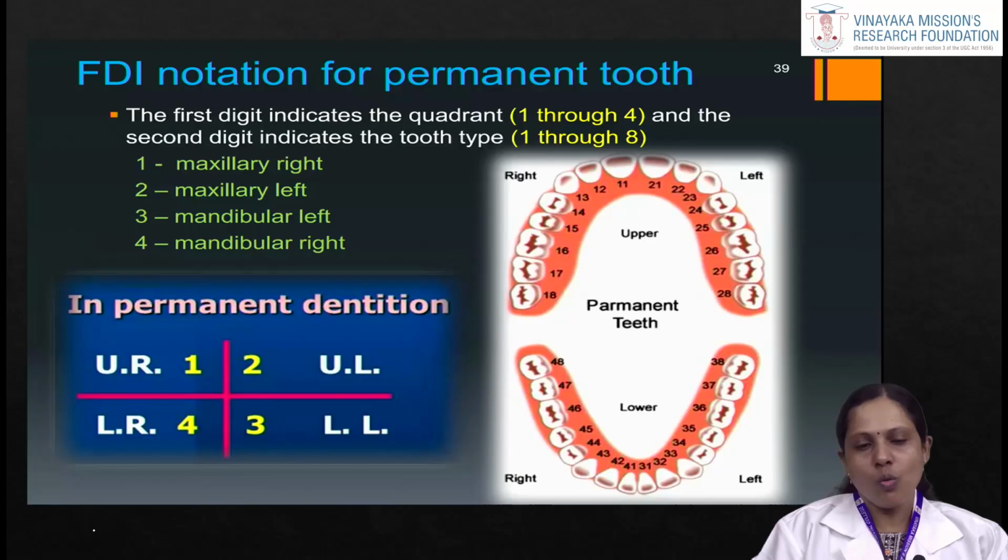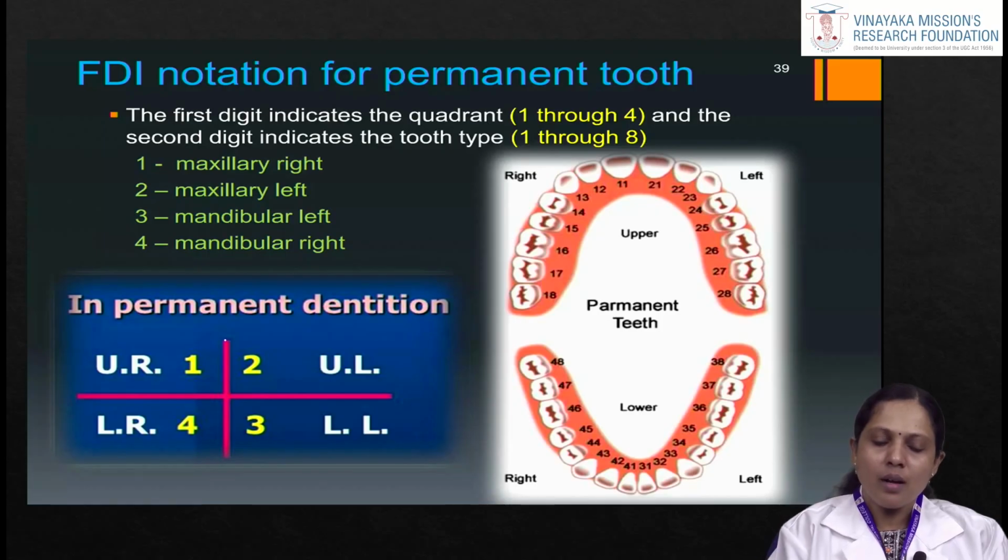For each quadrant. Coming to permanent dentition, the quadrant number is 1, 2, 3, 4 in a cyclic way. 1 represents upper right, 2 represents upper left, 3 represents lower left and 4 represents lower right. Here for each quadrant there are 8 teeth present, so the tooth number will run from 1 to 8.